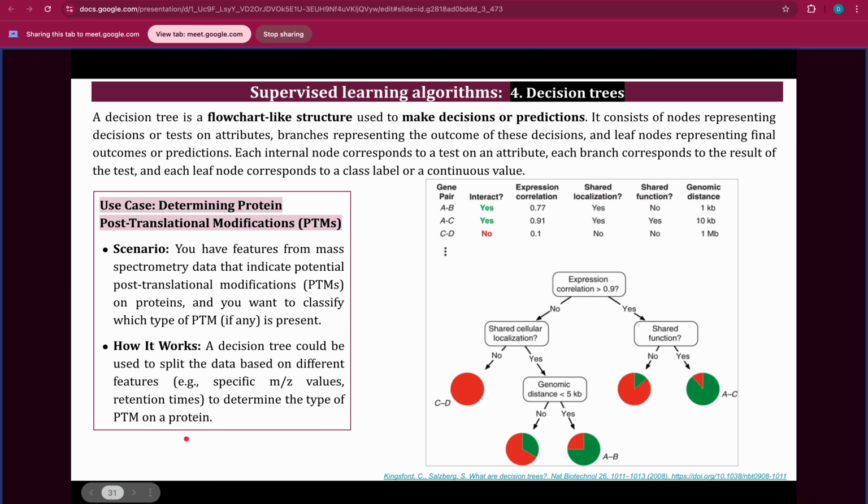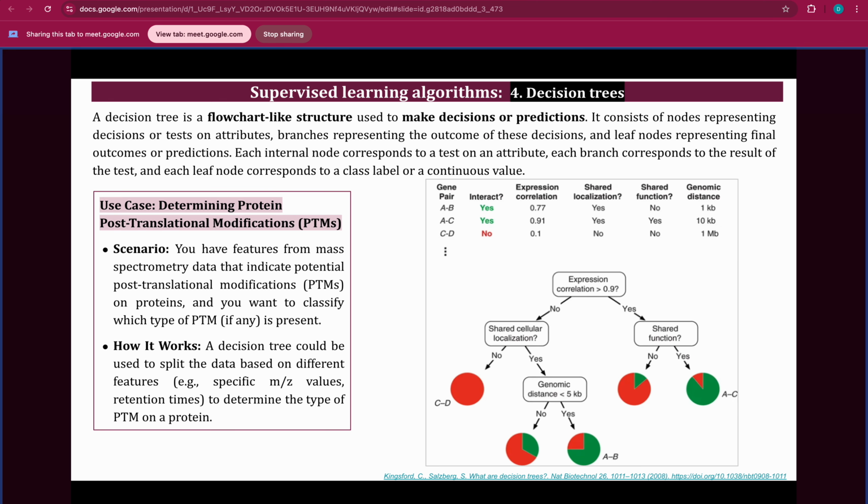So on the basis of mass to charge and retention time, it will decide what kind of PTM is present. In the next case, whenever you give some input, the decision can be made on the basis of that already designed decision tree.